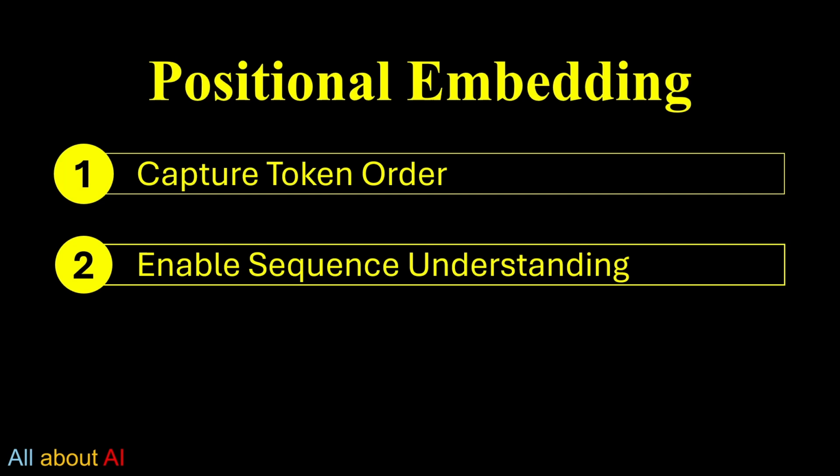Positional embeddings provide a mechanism to inject the positional information, that is the order of tokens, into the model. Without positional information, our sentence, she plays the piano, and another sentence, the piano plays she, would be treated identically by a transformer or equivalent model, leading to incorrect interpretations. That's why positional embedding ensures the model understands the sequence order.